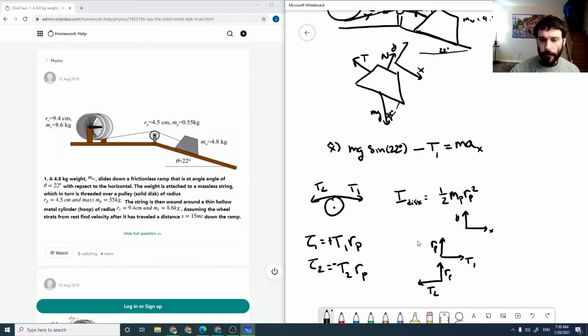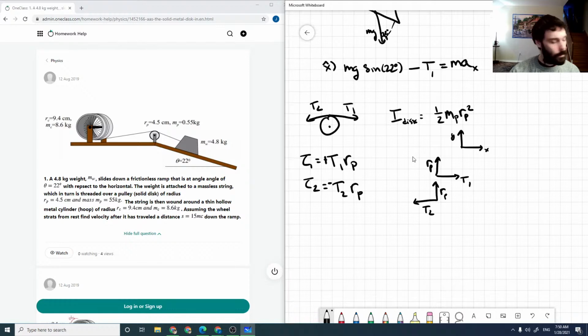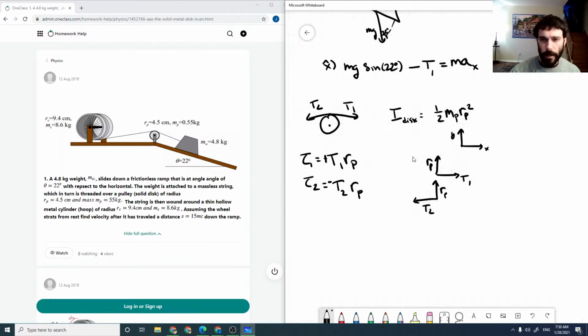And then our alpha is spinning clockwise, or as long as we're assuming an alpha clockwise. So then our torque 1 plus our torque 2 is our I alpha.